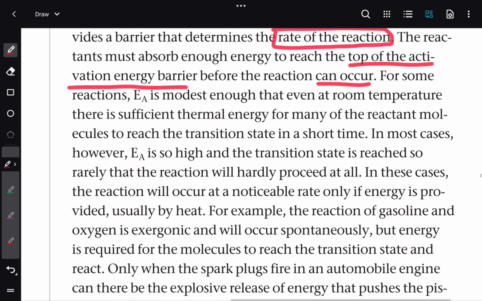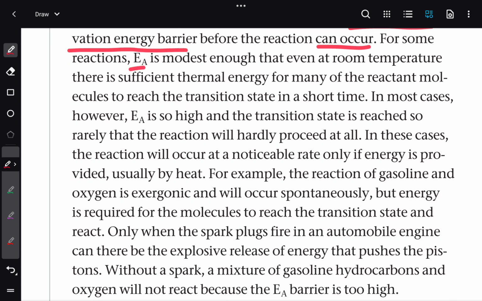For some reactions, the barrier is modest enough that even at room temperature, there is sufficient thermal energy for many of the reactant molecules to reach the transition state in a short time. In most cases, however, the energy of activation is so high and the transition state is reached so rarely that the reaction will hardly proceed at all.